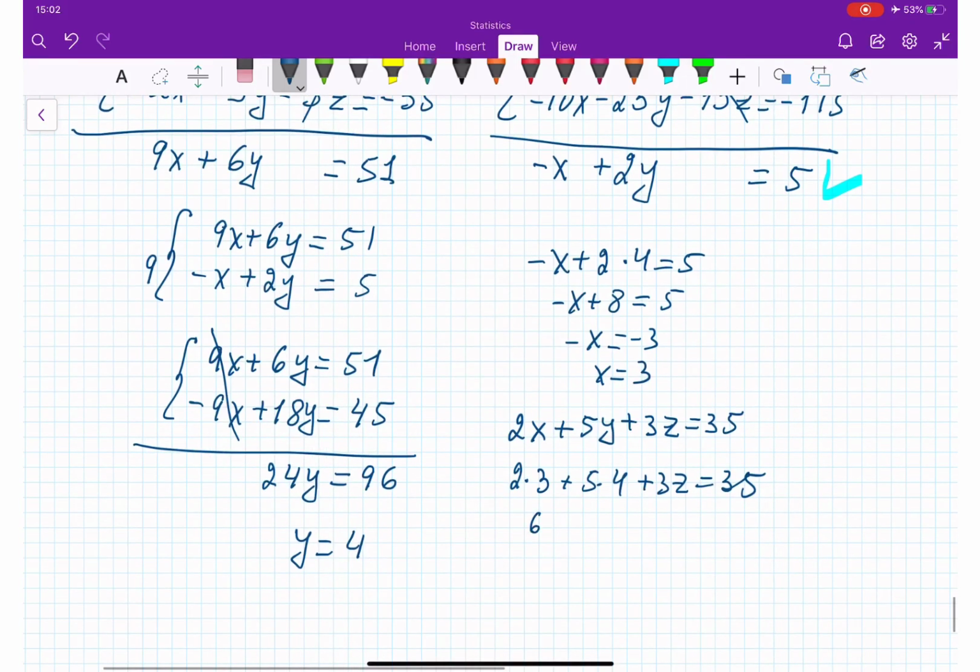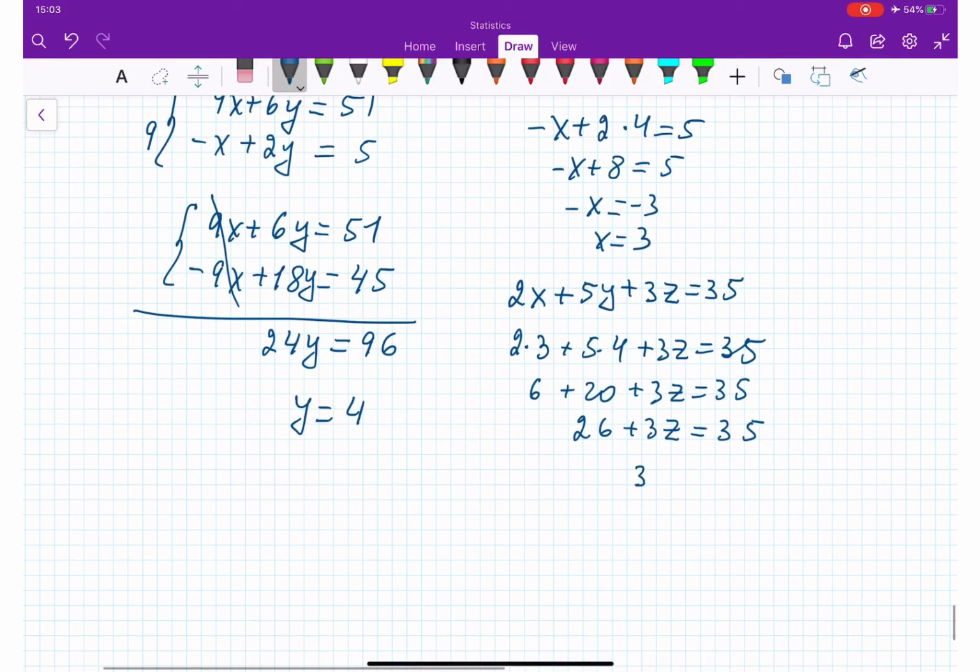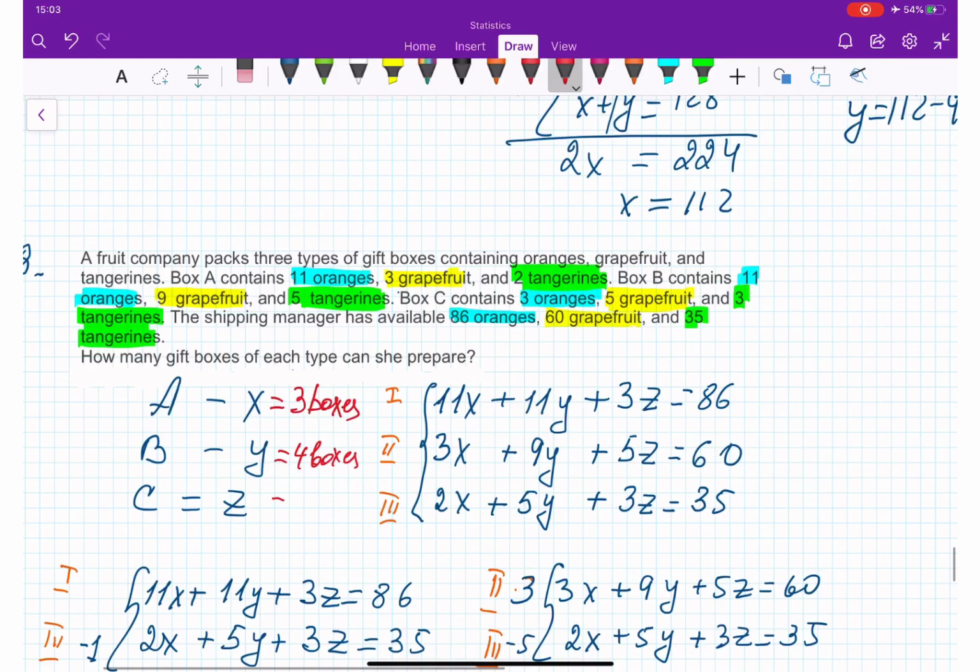So 6 plus 20 plus 3z is equal 35. 26 plus 3z is equal 35. 3z is equal 35 minus 26, so 3z is equal 9, z is equal 3. So we have 3 boxes of tangerines.